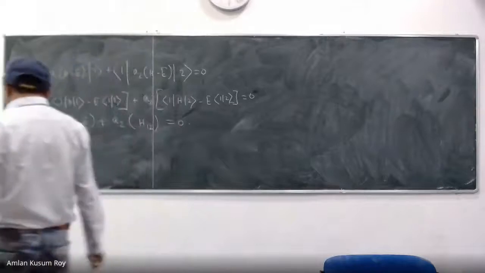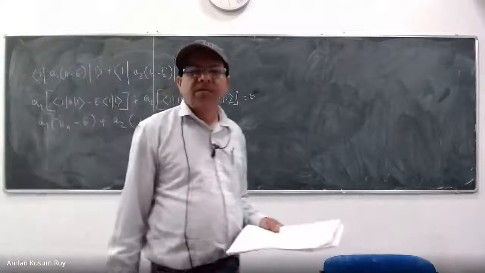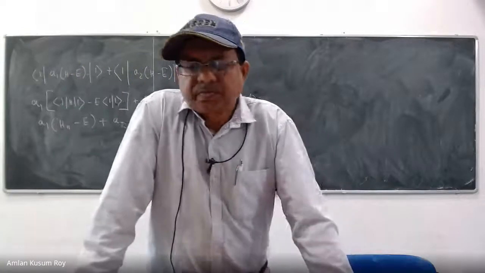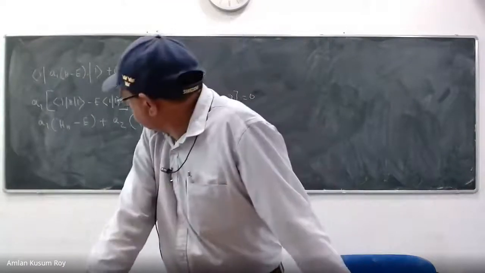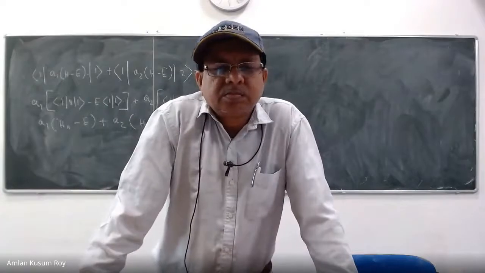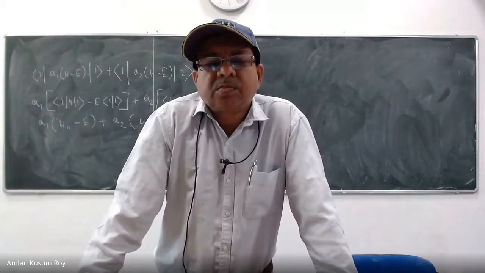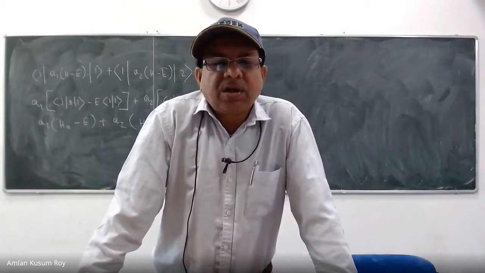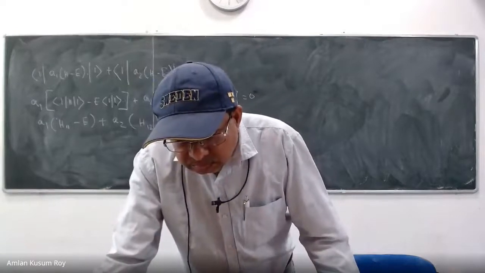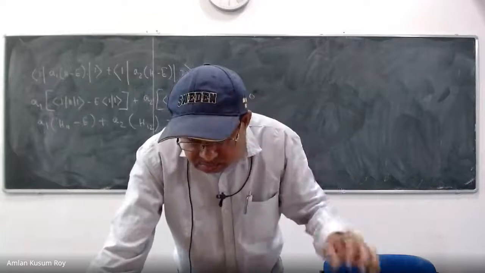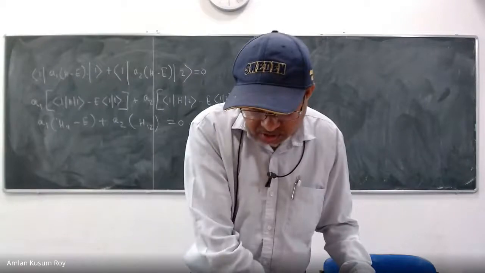What will happen? A1 H21 plus A2 E is equal to 0.